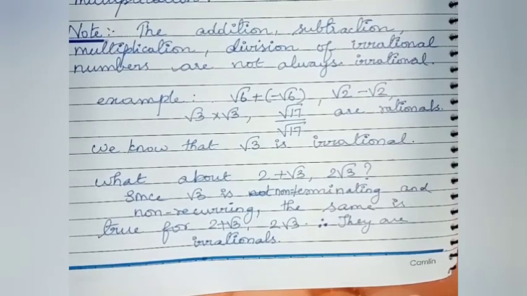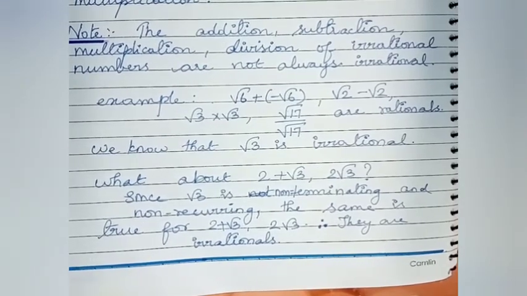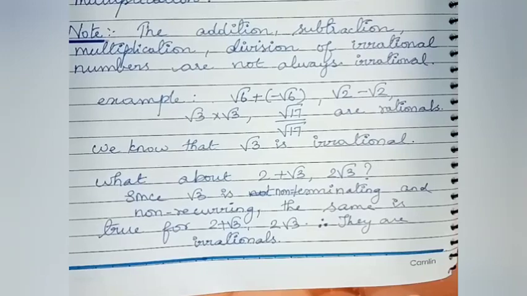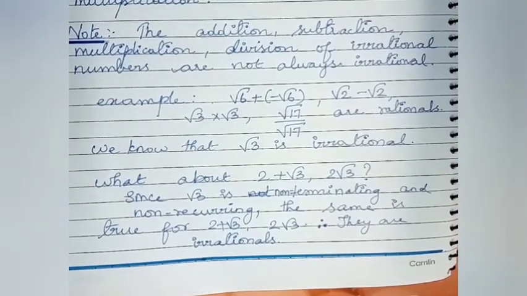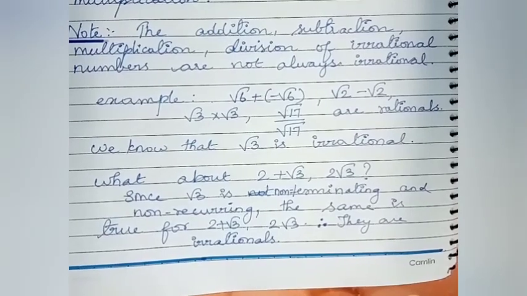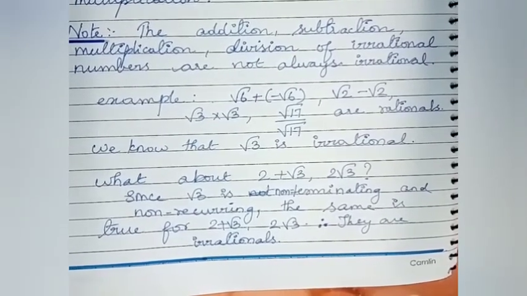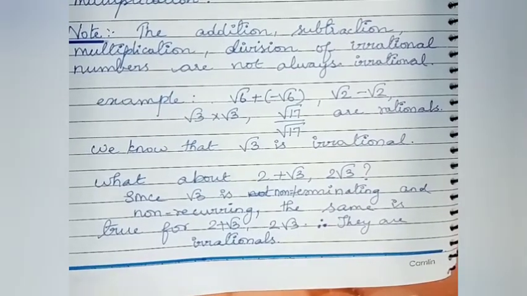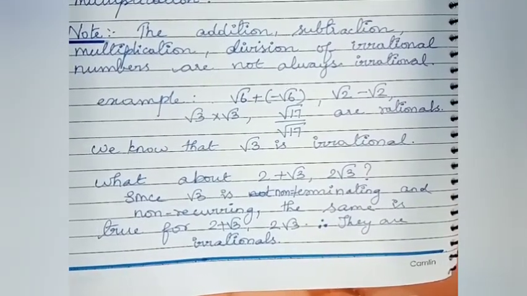So we have obviously seen the result: multiplication of two irrational numbers need not be an irrational number. The same is the case for root 17 divided by root 17. Root 17 is an irrational number. When you divide root 17 by root 17, we get 1, which is an integer, not an irrational number.